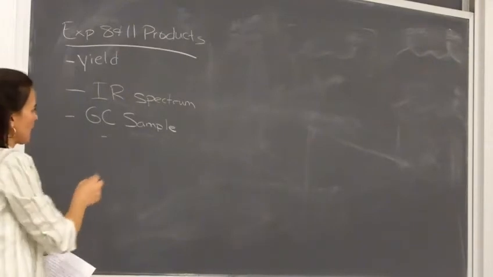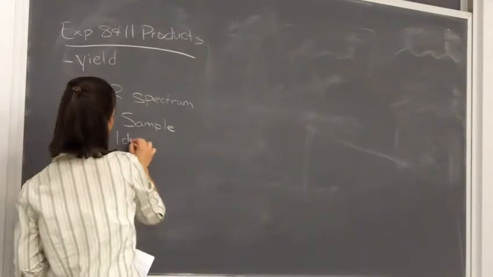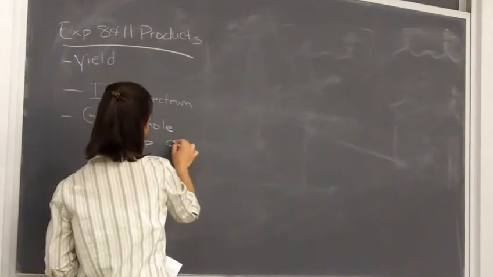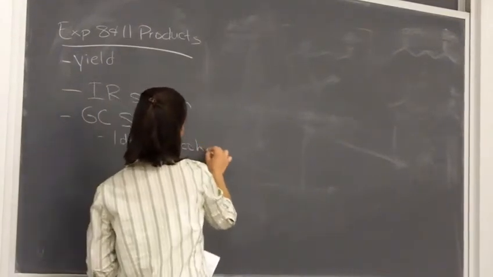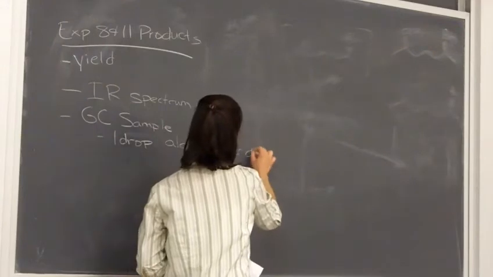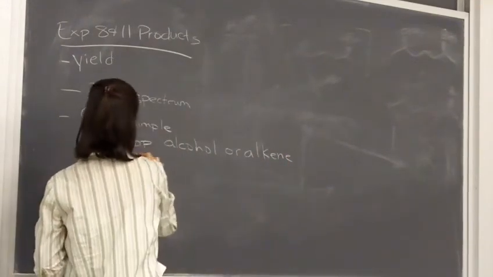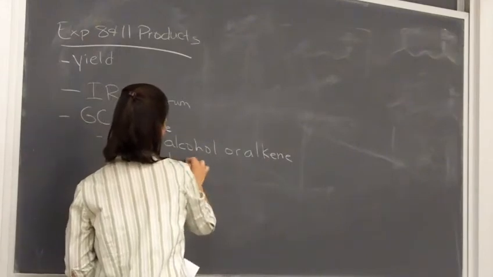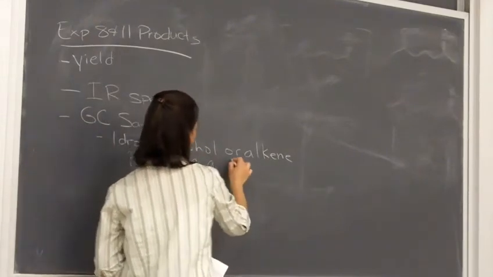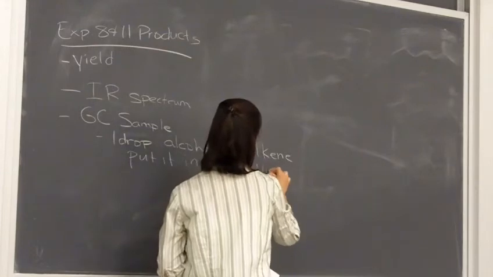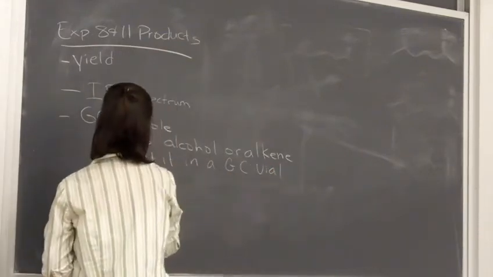Then what you can do is take 1 drop of the alkene or alcohol, put it in a GC vial, and fill to neck with pentane.